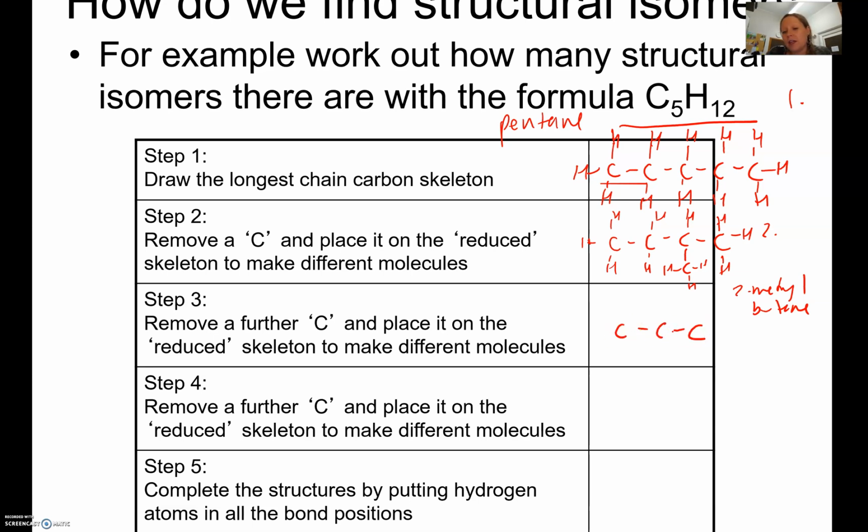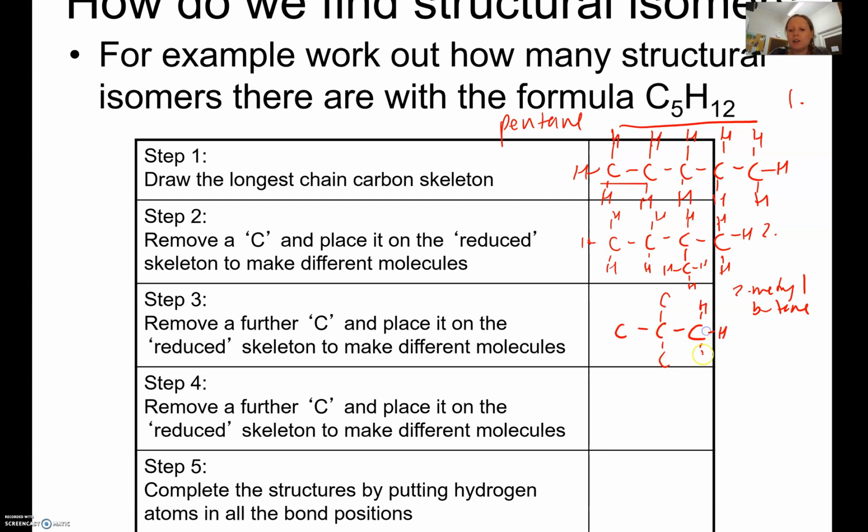Now if our parent chain is 3, we only have one option to place the other 2 carbons, because we can't put both on this middle one. We can't put both off the same carbon, because that would mean we've still got 2-methylbutane as above. So instead we have to separate them out and put one above and one below.